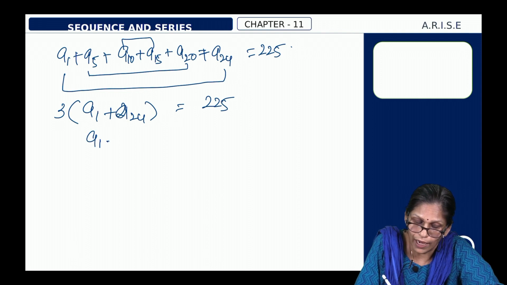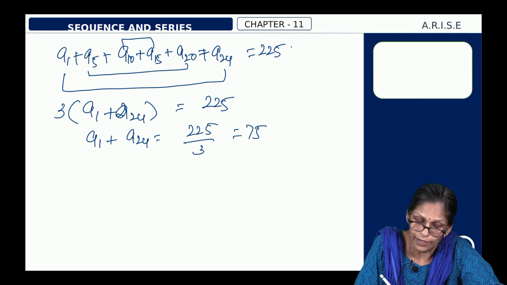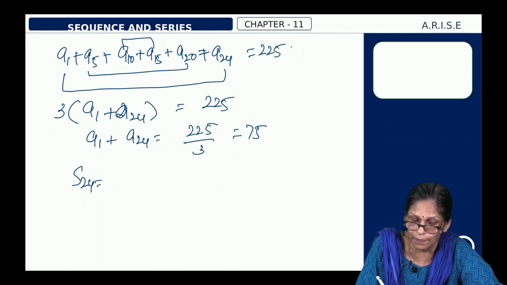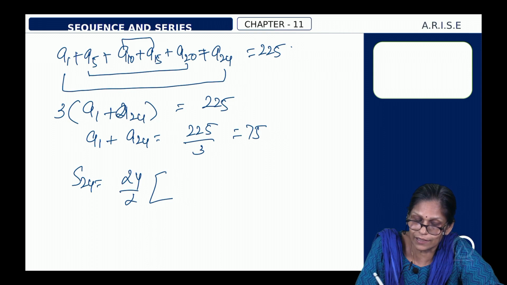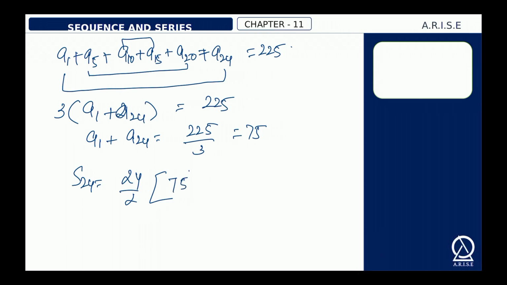So, A1 plus A24 is 225 divided by 3, which is 75. So, what is the sum S24 of this AP? Can't you write it as 24 by 2 into first term plus last term, which is 75, making the answer 900. That way also you can make use of the concept studied to get this answer.